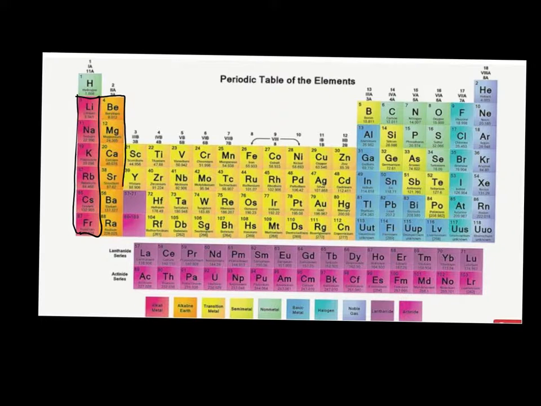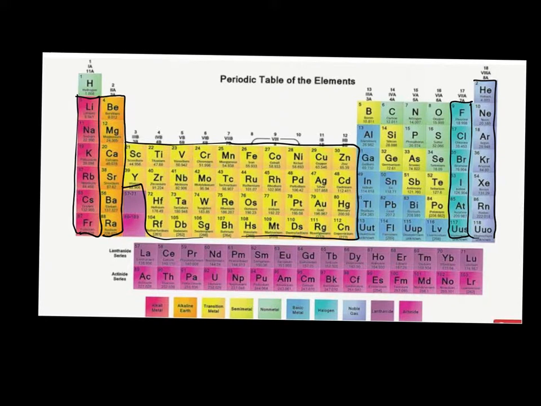Group 2 also contains elements that have similar properties. Similarly, elements of group 18, elements of group 17, and the transition elements that lie in the middle of the periodic table, and the inner transition elements that are located below the periodic table. These are some groupings of elements. Each group has similar physical and chemical properties.